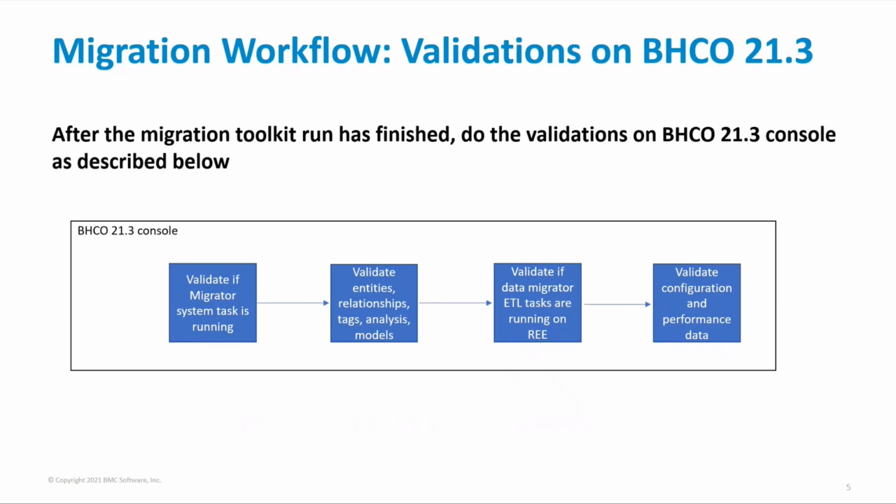After that step is done, the only remaining step is validation of the configuration and performance data in the BHCO console. So if you look at the overall workflow, the execution is mainly on the on-prem TSCO application server. What needs to be done on the BHCO side is mainly the validations part.